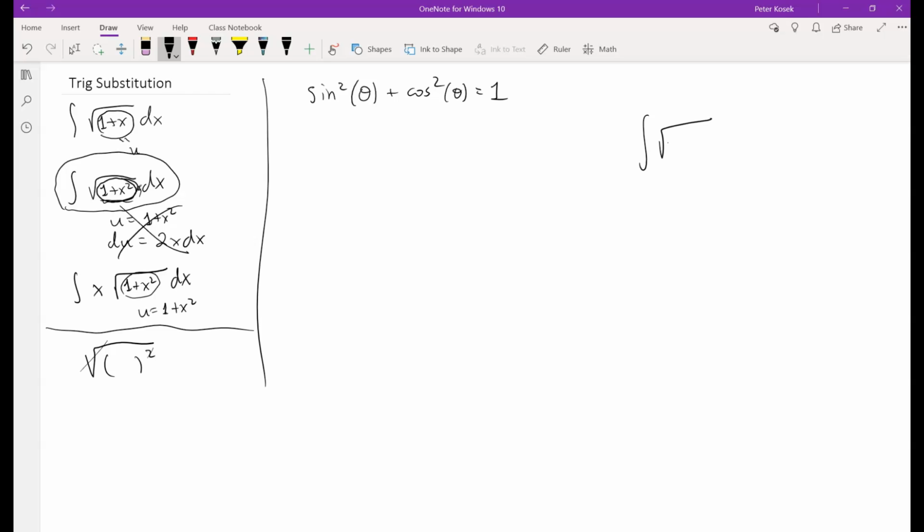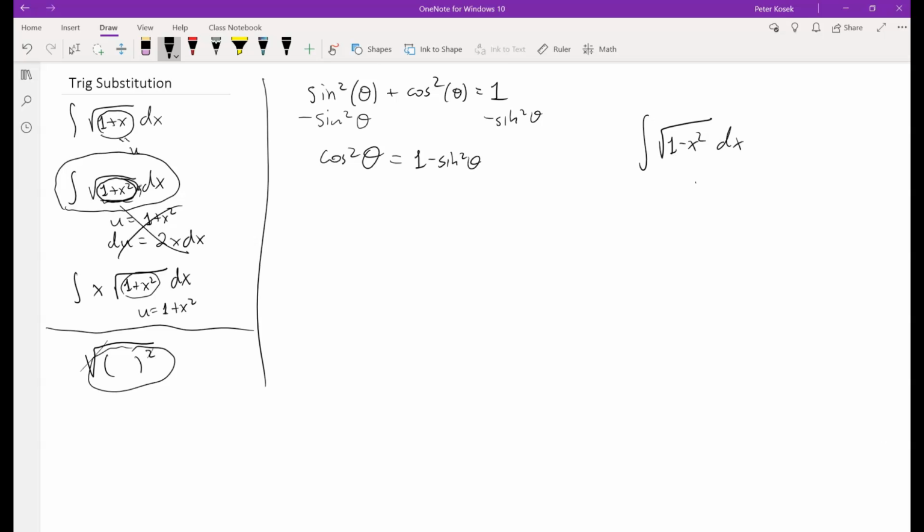If we have the integral of the square root of 1 minus x squared dx, and I want 1 minus something squared to become something squared, I can manipulate the formula slightly and subtract sine squared theta from both sides. So we have cosine squared theta equals 1 minus sine squared theta.